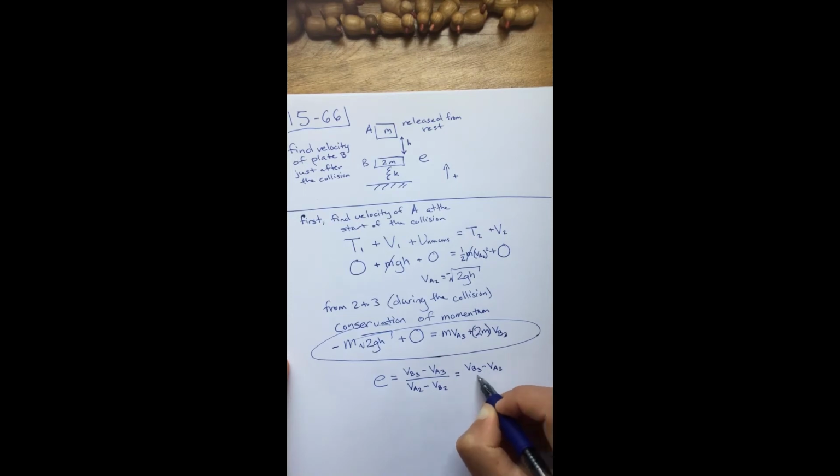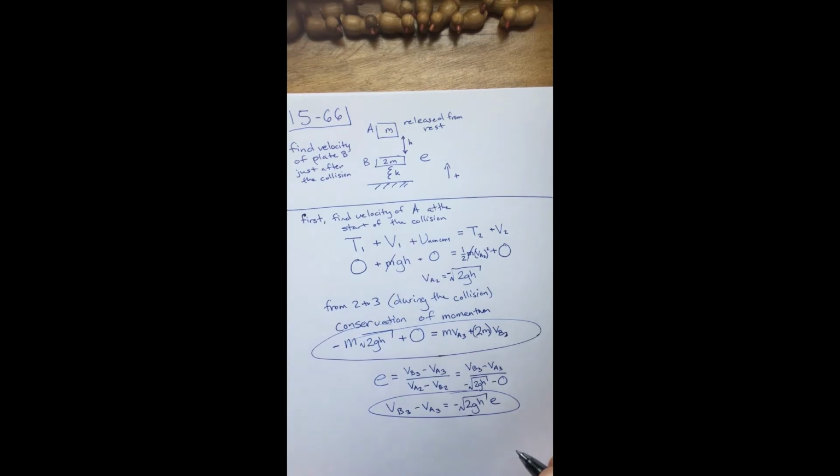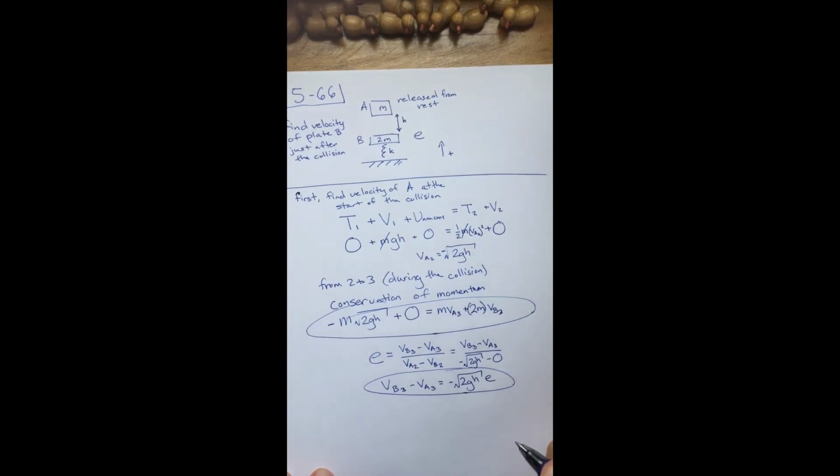I don't know VA3, but I do know VA2. This is negative square root of 2gh minus, for the initial velocity of B, that's 0. So I have VB3 minus VA3 is equal to negative square root of 2gh times e. So now I have a second equation, and I can take these two equations and solve them for the final velocities.